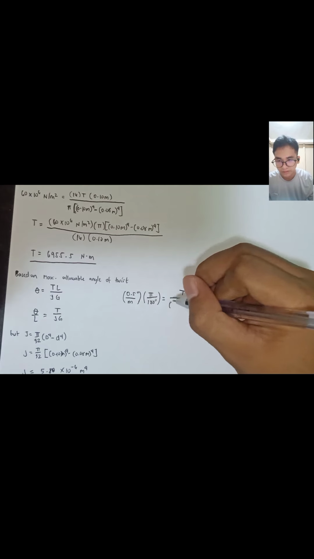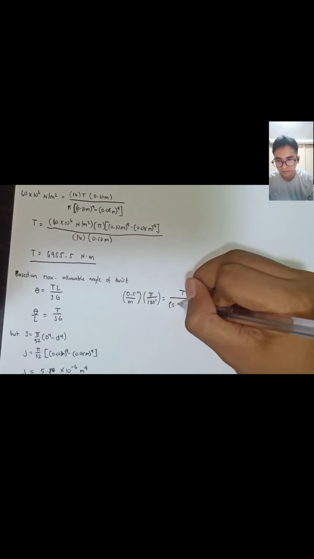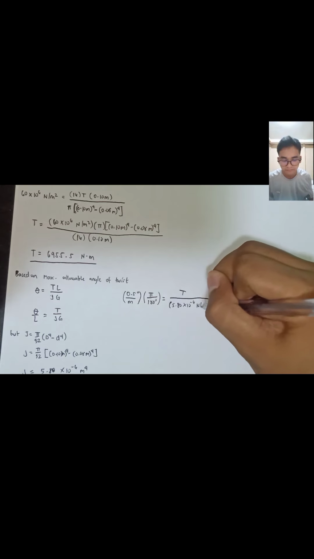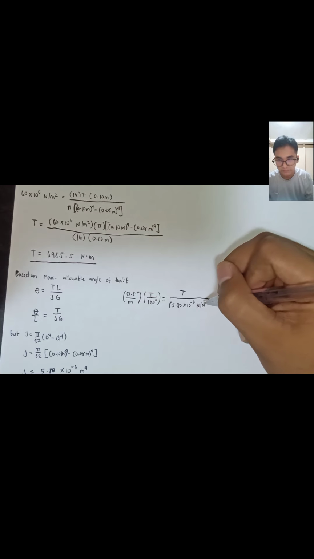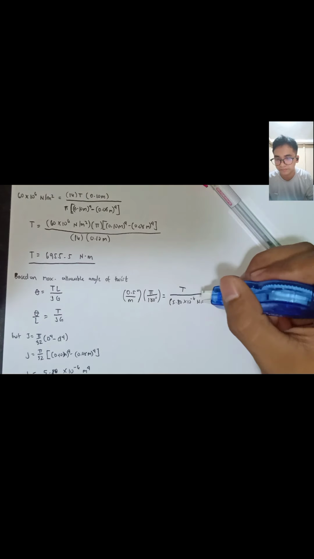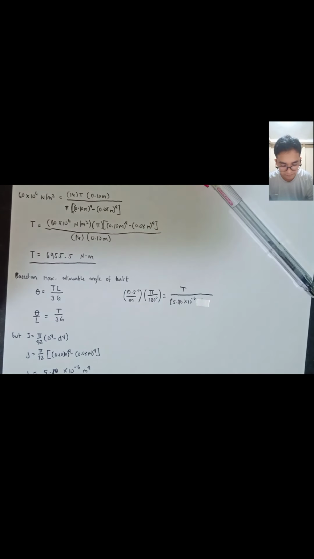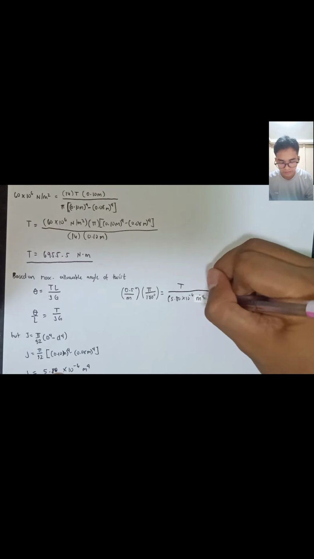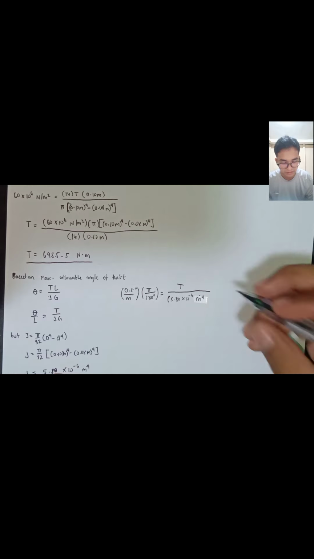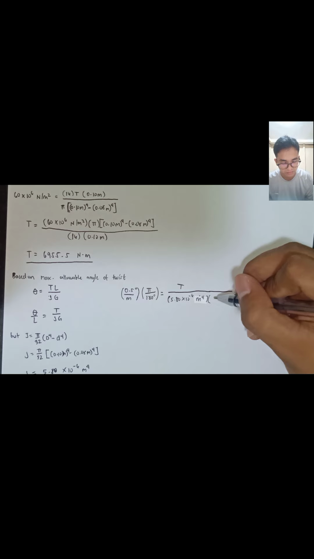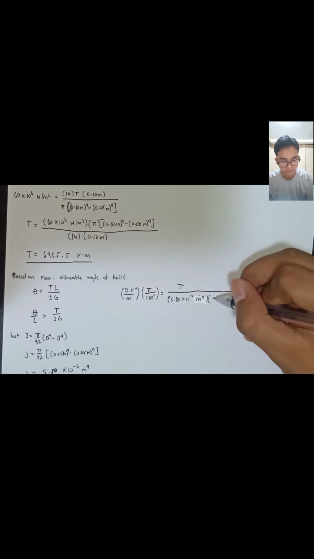So, 5.80 times 10 raised to negative 6 meter raised to 4, times yung ating modulus of rigidity, 83 times 10 raised to 9 Newton over meter squared.